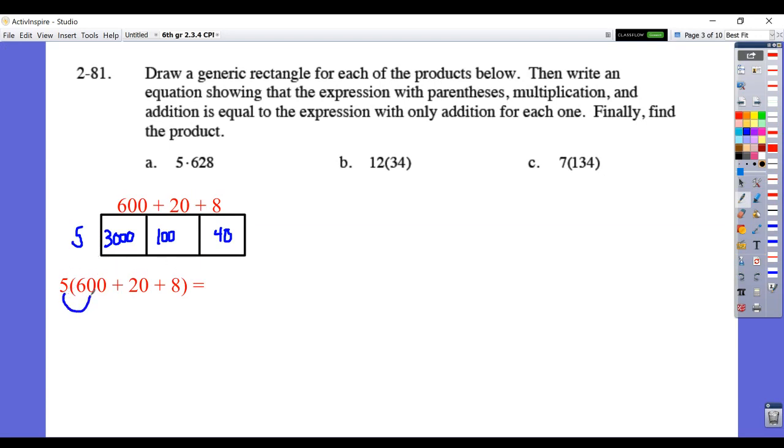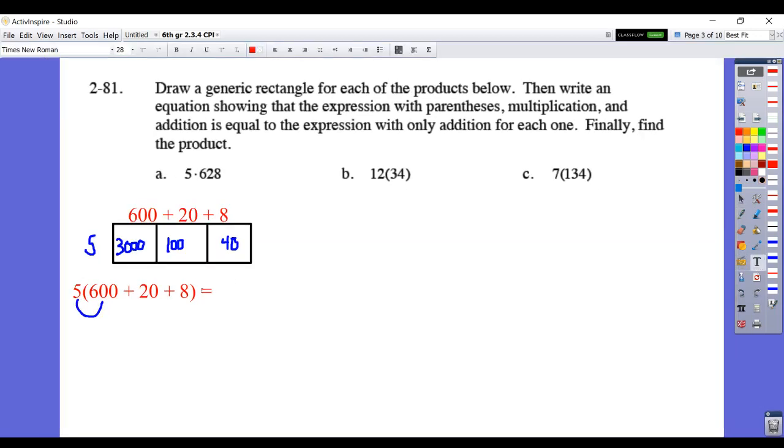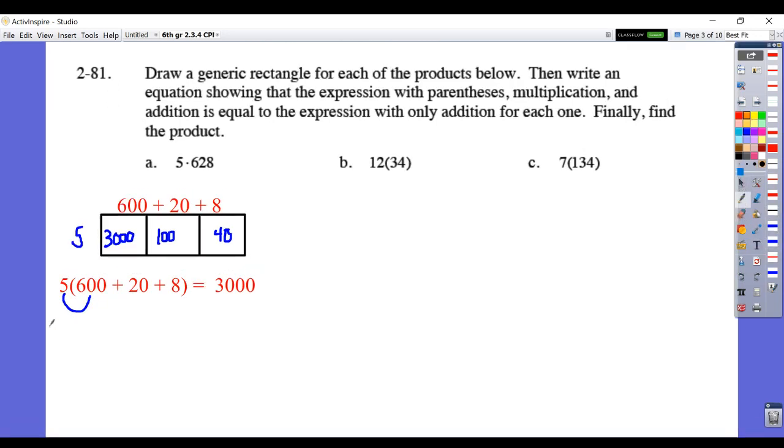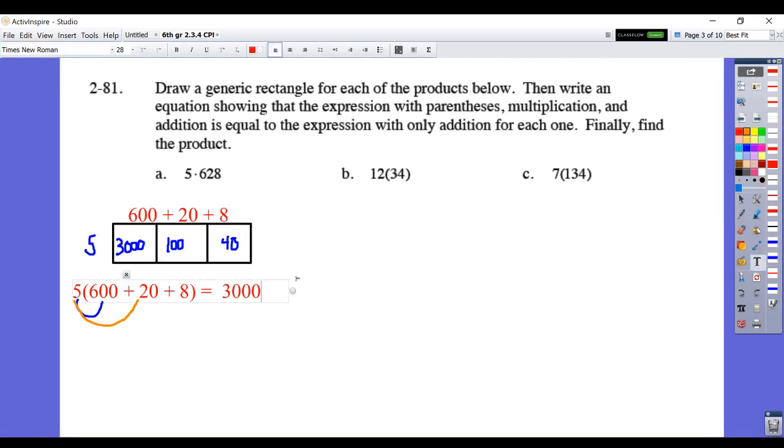So 5 times 600, again, would give us the 3,000. Then the 5 times the 20, distributing it to that term, would give us the 100.